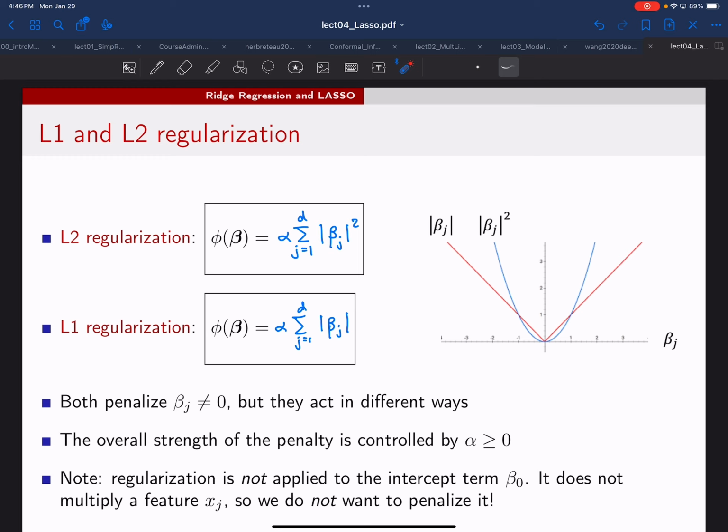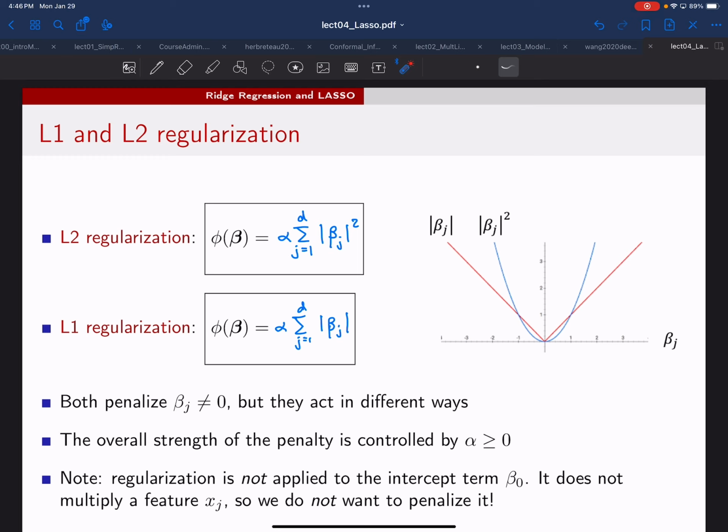The quadratic one, the blue one, is saying, okay, you can deviate from 0 a little bit, but if you deviate a lot, I'm going to get really mad. Whereas this other red one is saying, it's okay, I'm not going to freak out if you have a large value as much. So that's the intuition that really changes how they behave.